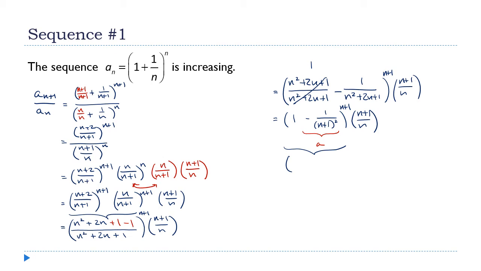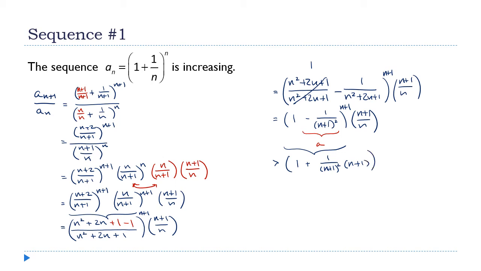This is going to be greater than 1 plus 1 over (n plus 1) squared, times n plus 1.